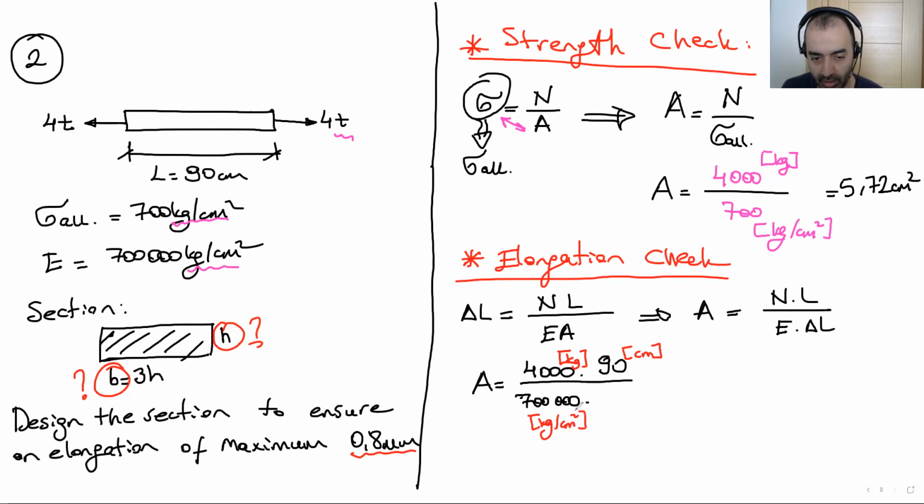And we are going to write here 0.8 millimeter, convert it to centimeter because all other numbers are in kilogram centimeter, so in centimeter. So let's write here 0.08. This is in centimeter. We have just converted the 0.8 millimeter to 0.08 centimeter. Okay. This is easy.